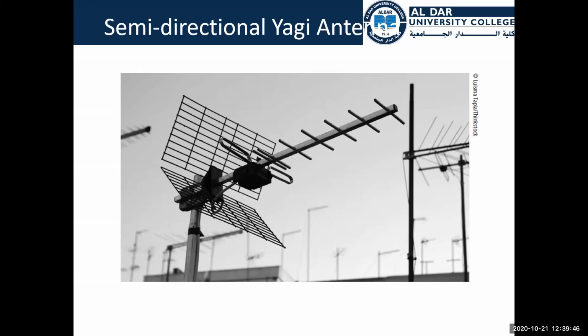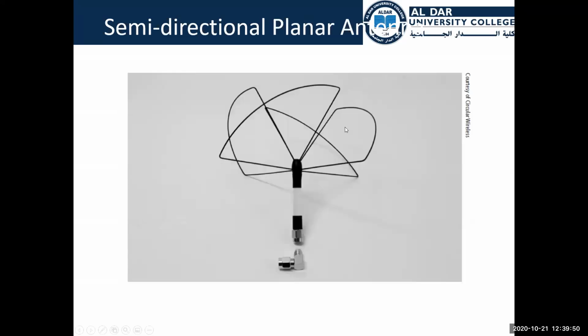This is a semi-directional antenna. Another type is called a planar antenna, which also has semi-directional capability, so it can direct to a specific place, not omnidirectional, which distributes the signal around the place in 360 degrees.